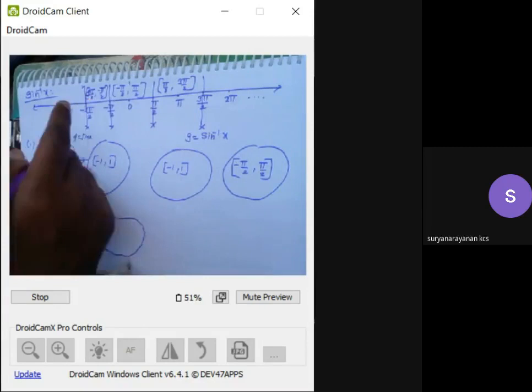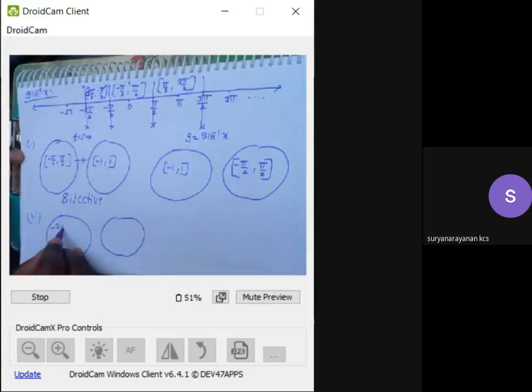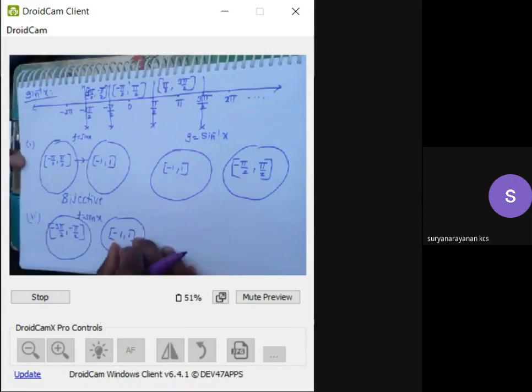Suppose you take this interval, minus 3 pi by 2. In this case also it is bijective. If we take only this interval as domain, the range is the closed interval minus 1 comma 1.